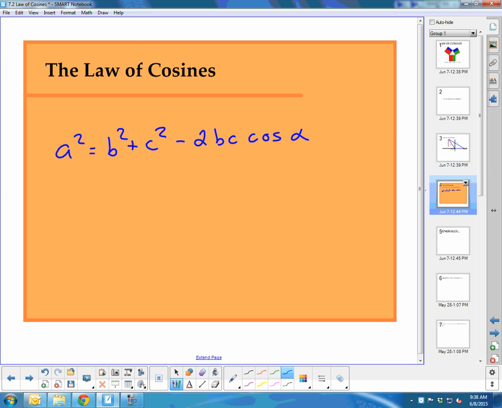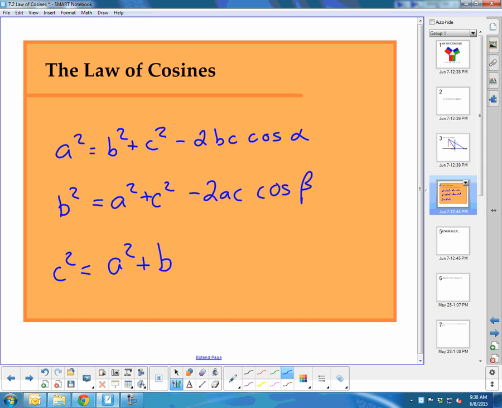If we have different sides and angles, it might be b squared equals a squared plus c squared minus 2ac cosine beta, or c squared equals a squared plus b squared minus 2ab cosine gamma.